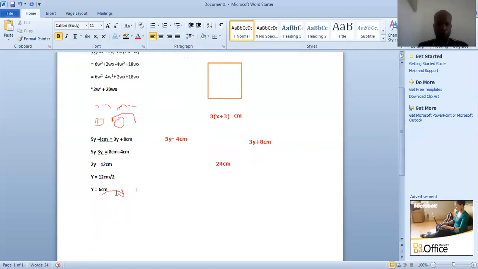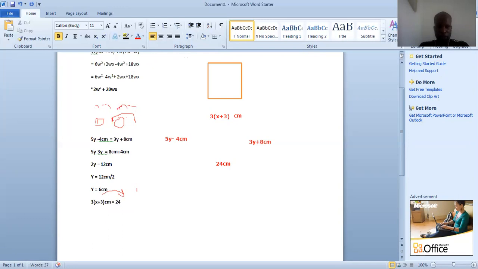We know that this side and this side are equal. So we're going to say 3 outside the brackets, multiply, and then (x + 3) centimeters is equal to 24 centimeters.